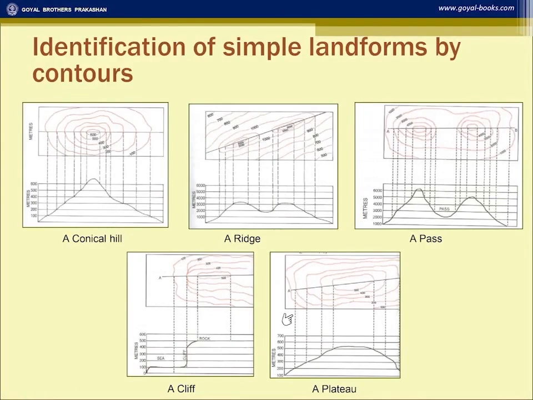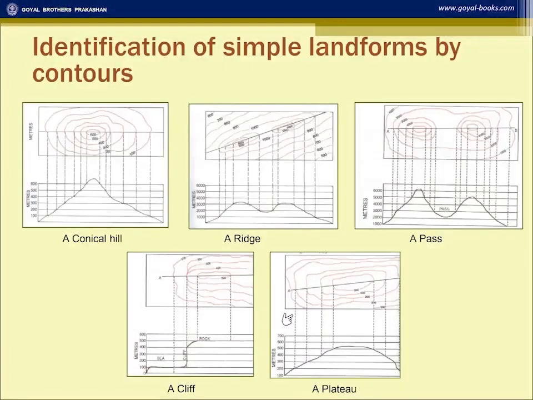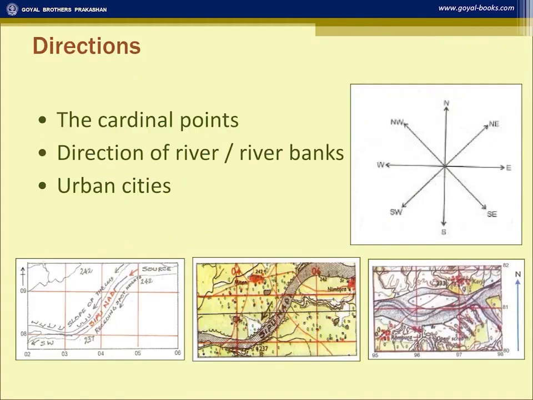Here you can see a plateau. Plateau is having a less height, say about 300 to 400 meters, and it is showing a flat land on top. This is called a plateau. So the contour lines on the survey sheet are shown in oval shape, which shows the formation of a plateau.